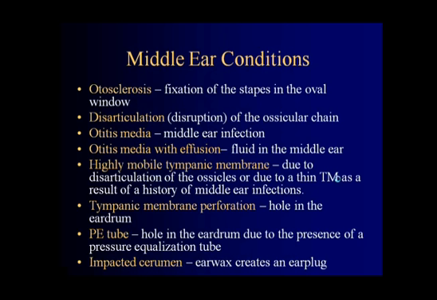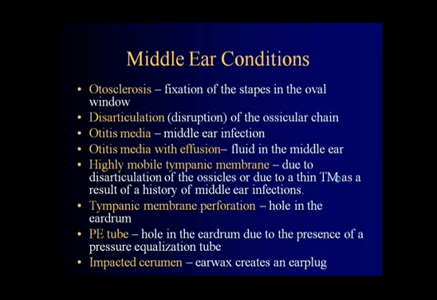A highly mobile tympanic membrane can be due to disarticulation of the ossicular chain, or it could be due to a thin tympanic membrane as a result of a history of middle ear infections. Now, how do those two things relate?